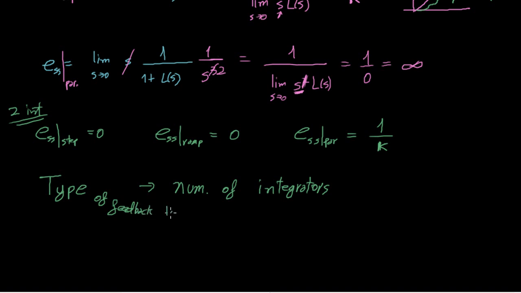Actually, I prefer to talk about the type of the feedback loop. Why? Well, because the whole system may have other elements or even other loops, each one of different type. When we say that a loop is type 1, for example, we mean that in the steady state the output of the comparator is 0 when the input to the system is constant, and that it is a constant when the input is constantly changing, or the input is a ramp.